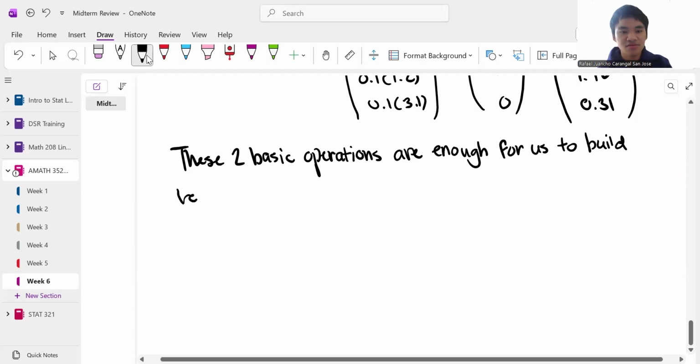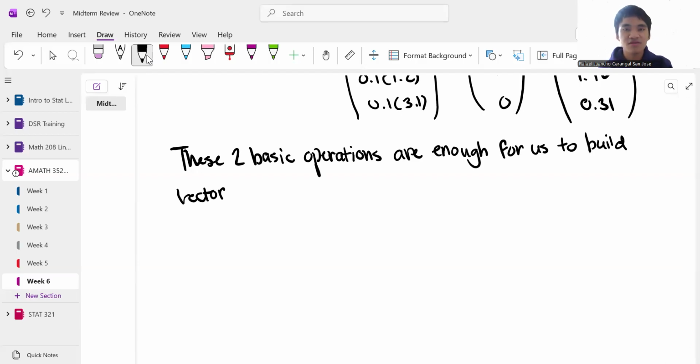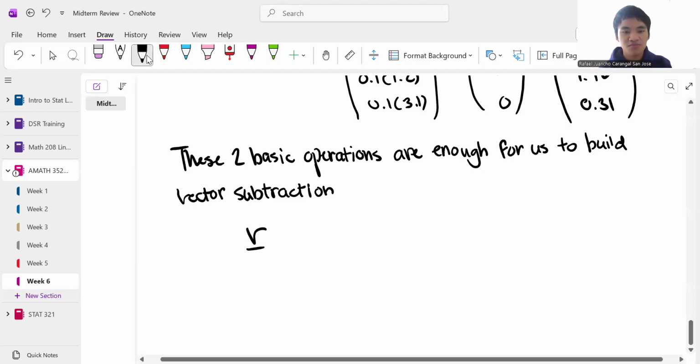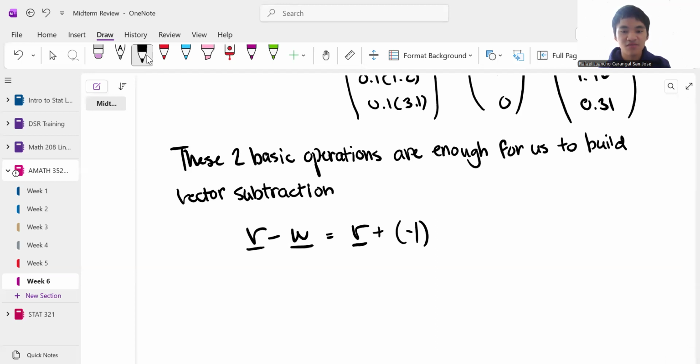vector subtraction. So from vector addition and scalar multiplication, we can now do vector subtraction. How? Let me show you. So let's say we're subtracting two vectors, right? This is actually the same thing as, say we have vector v, we're adding it to a scalar multiple of -1 times w.